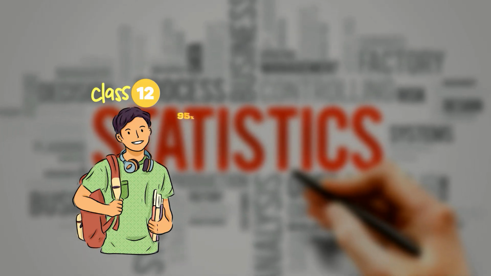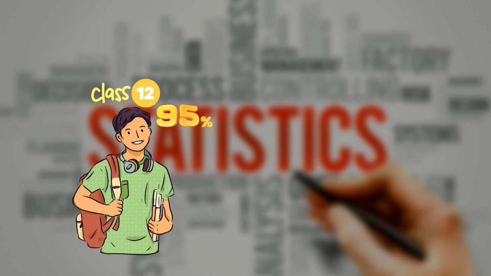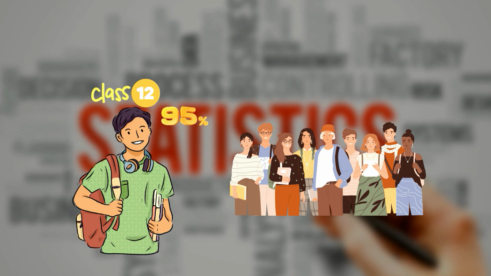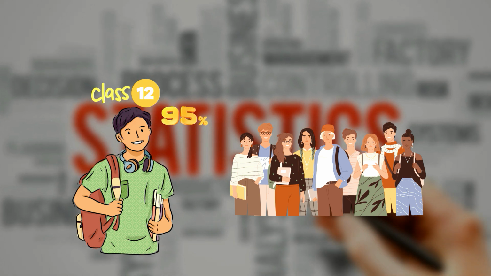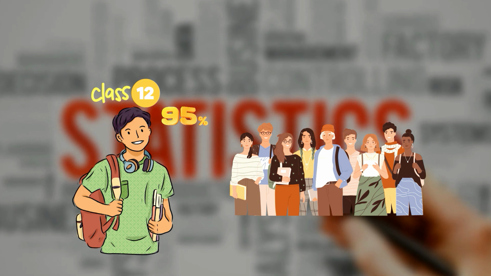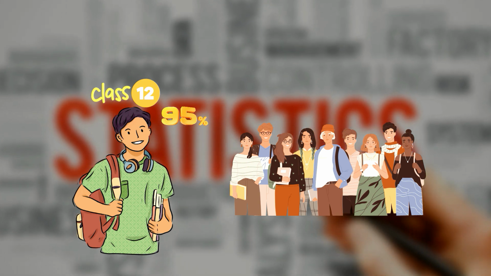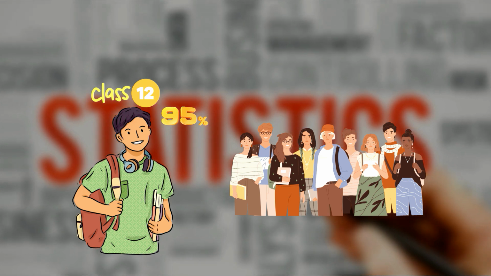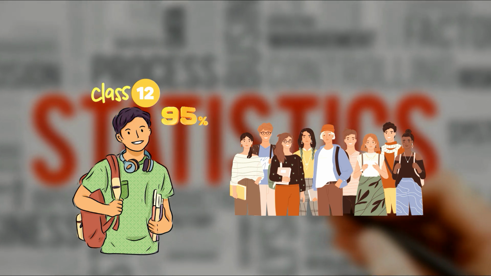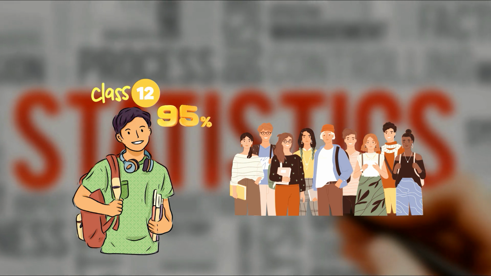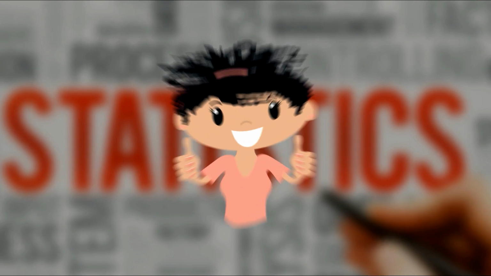Then you can also calculate the midpoint of the performance of your classroom, of your classmates, of all the students who attended the +2 examination in psychology. Or you can find out the maximum frequency in your classroom performance, or say the score which has been achieved by the maximum number of students in your class.